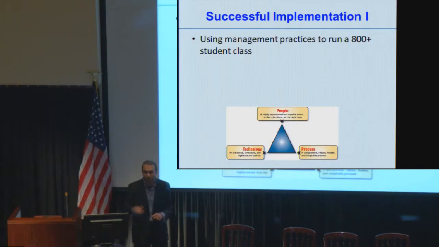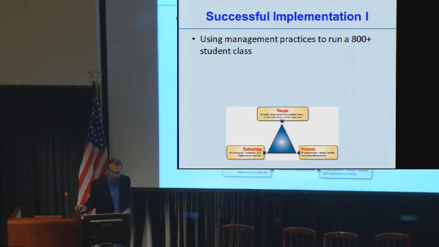The expectations are made very clear. There's a single email address. They don't email the professor. They don't email the TAs. There's a single email address. It's like a one-stop shop, customer service kind of a practice. And so, I personally worked with a bunch of management consultants who helped us put this in some sort of a management practice framework, and that allowed me to run this class in a steady state now.